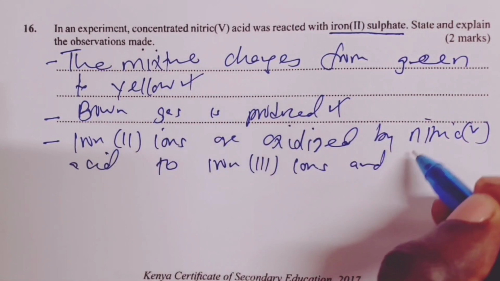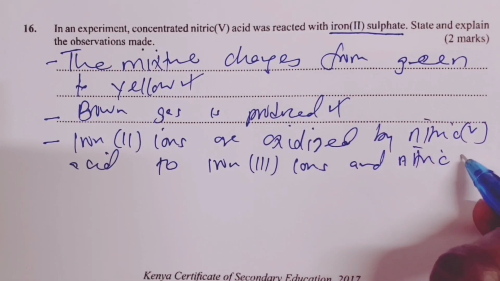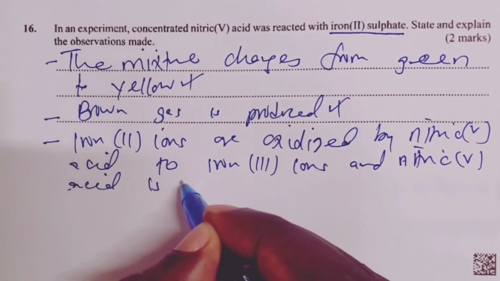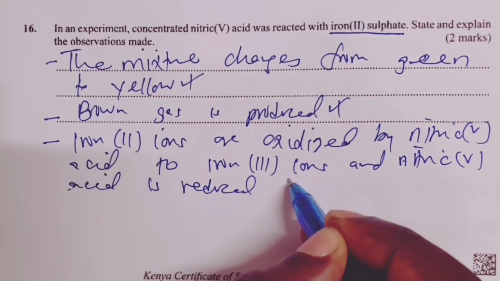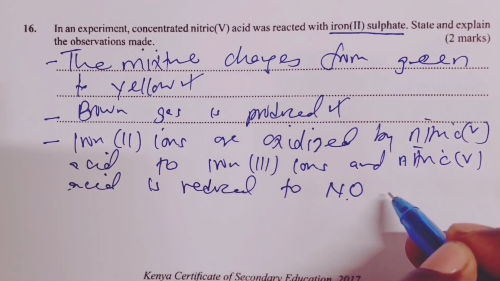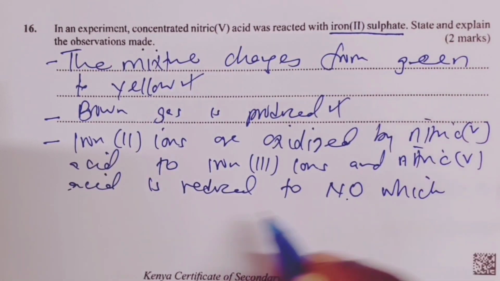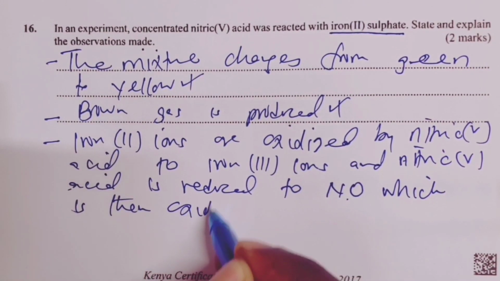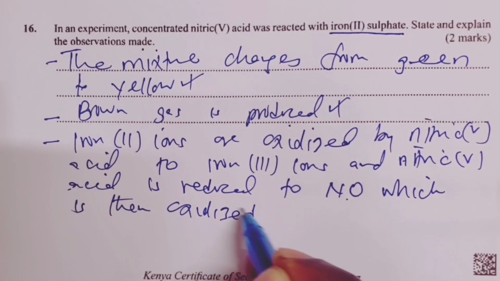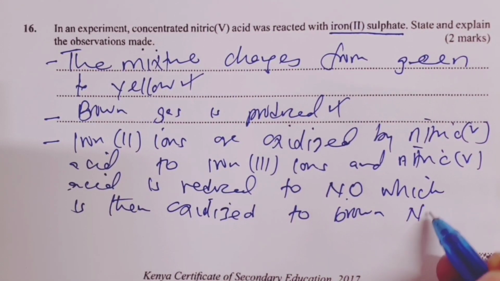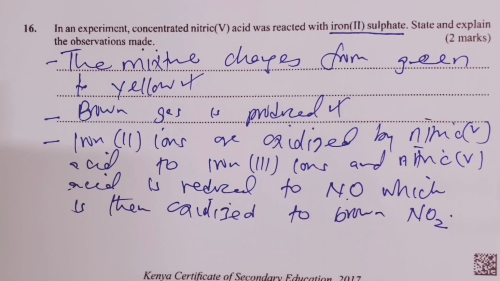Our nitric 5 acid would be reduced, actually to nitrogen 2 oxide. But this nitrogen 2 oxide is then oxidized to brown nitrogen 4 oxide.